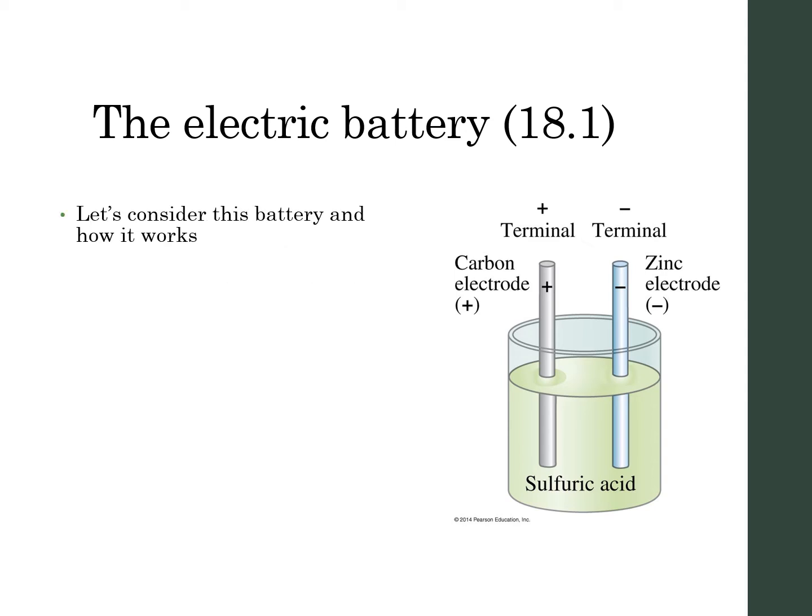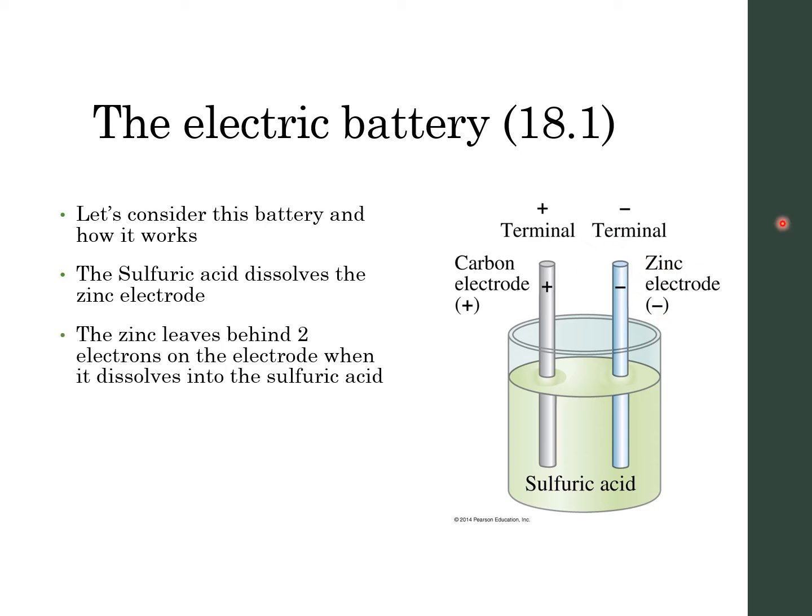So we want to focus a little bit more on how it works and how we know which one is positive and which one is negative. Sulfuric acid is going to dissolve the zinc electrode. There's going to be a chemical reaction that interacts with the zinc, and the zinc is going to get dissolved.